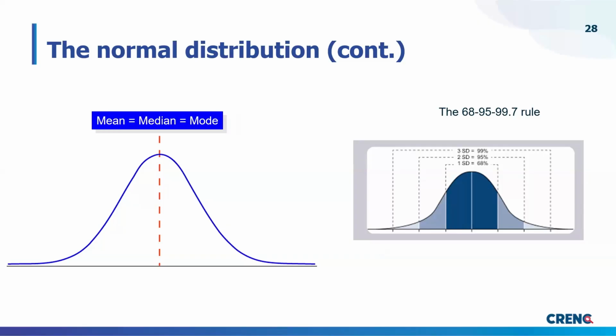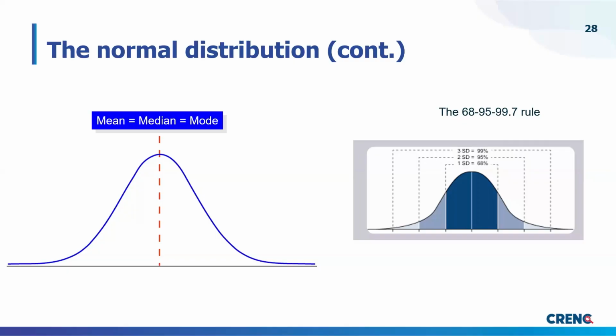That means if the standard deviation is 10, as we saw earlier, and the mean is 30, we have 30 minus 10, which is 20, sorry, and 30 plus 10, which is 40. So that means 68% of the data will lie between 20 to 40.